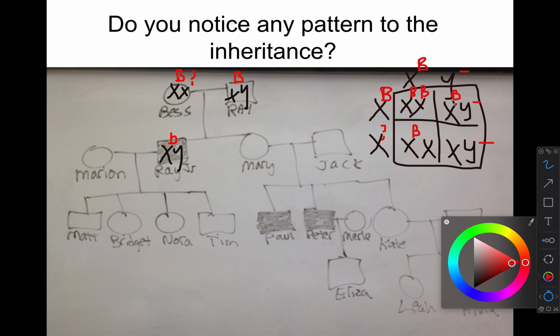Okay, so let's figure this out. So Ray Jr., we know is lowercase b because he has, right, this. So that means the only possible way for them to have a male child with this lowercase b that has color blindness is if this female, this allele from mom, is also a lowercase b, which means that mom is a carrier.